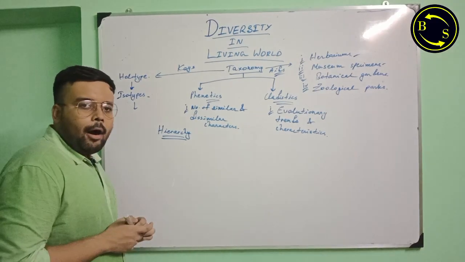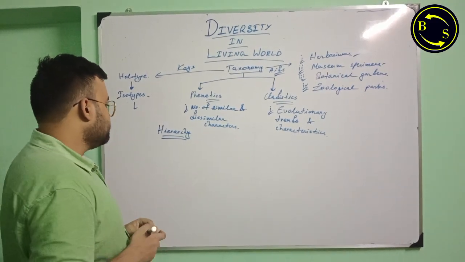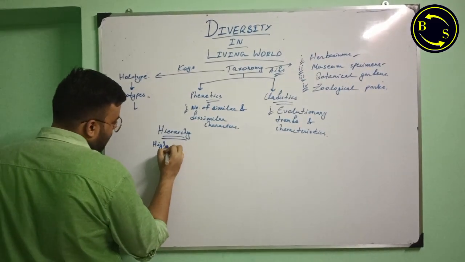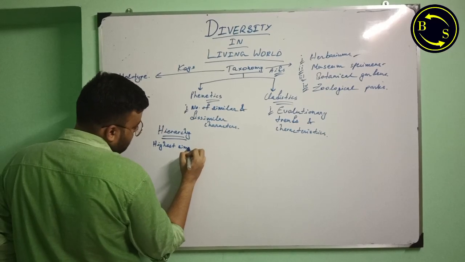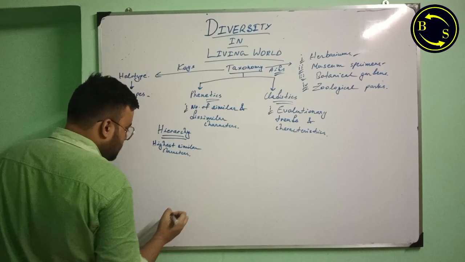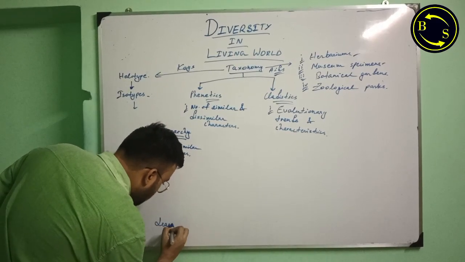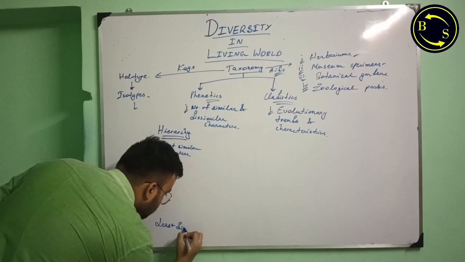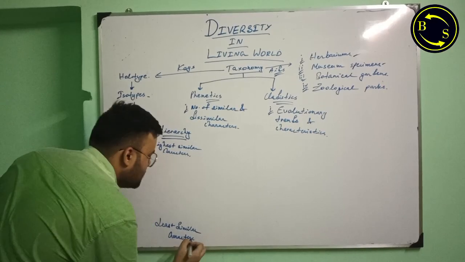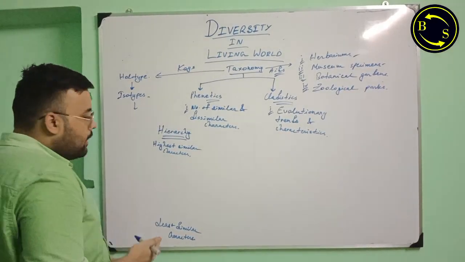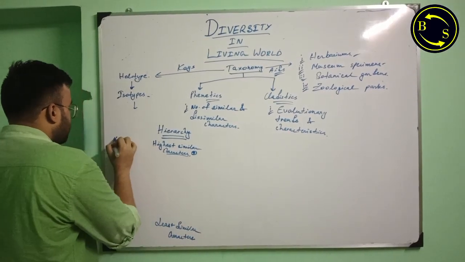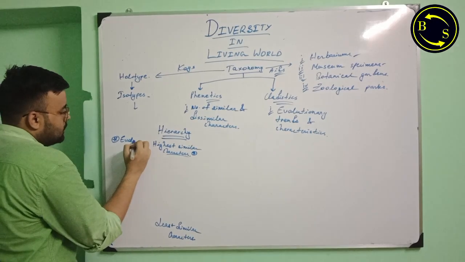The first part of the hierarchy is about highest similar characters to least similar characters. This is how hierarchy is constructed. Now these characters are evolutionary characters.